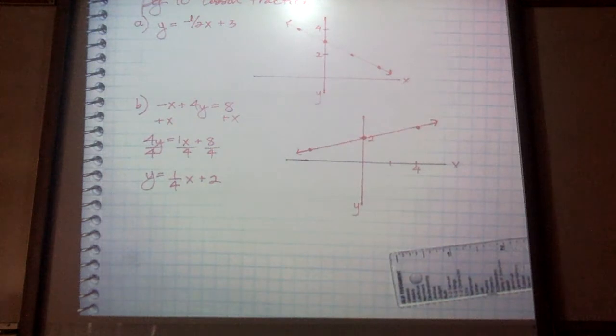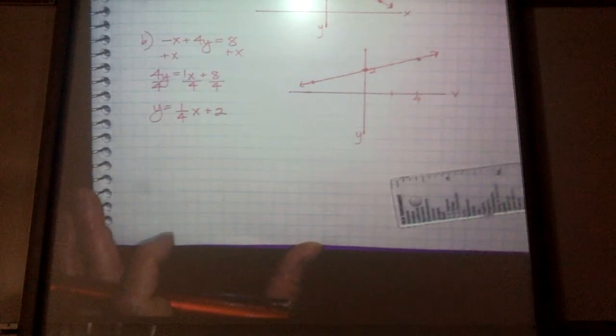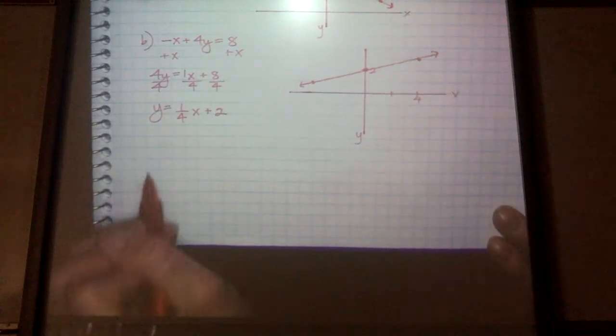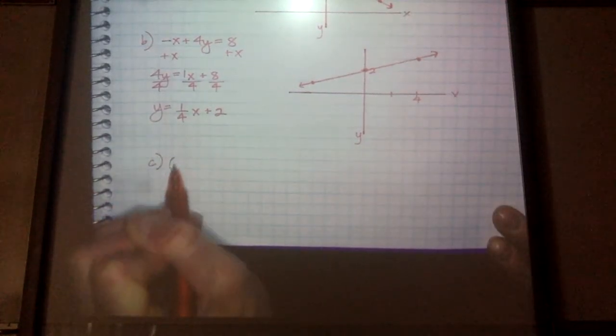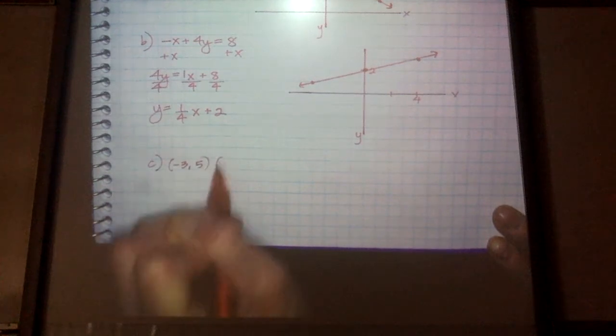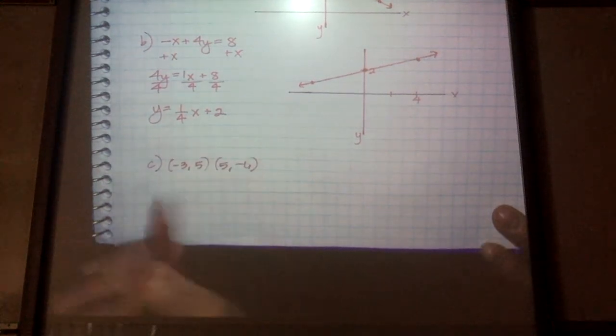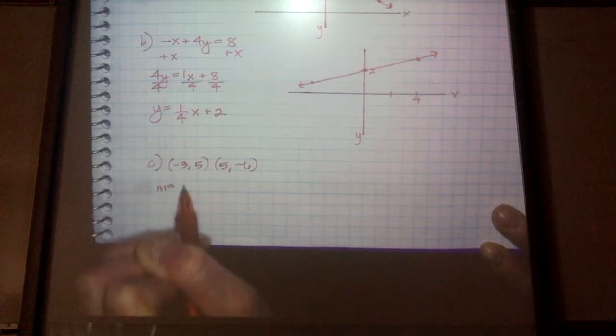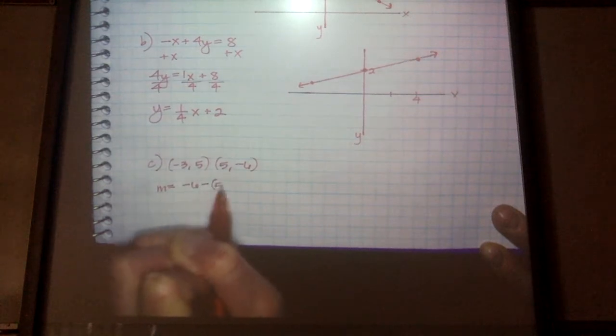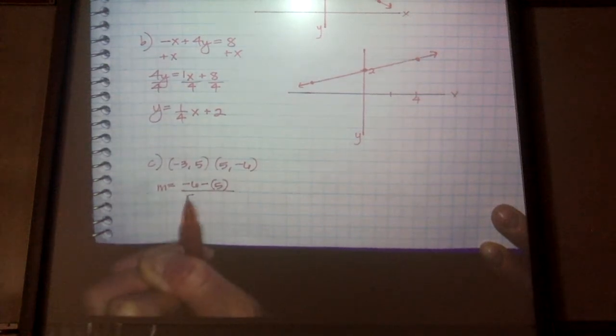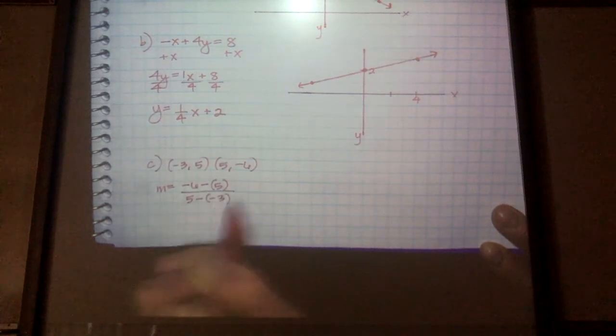Then for the next 3, it wants us to calculate and identify. The following points are negative 3, 5, and 5, negative 6. I'm going to calculate slope first. Negative 6 minus 5, those are my y values, over 5 minus negative 3, there's x.